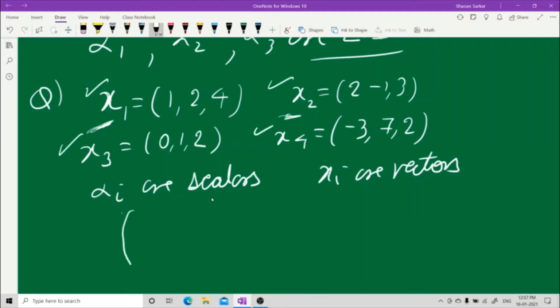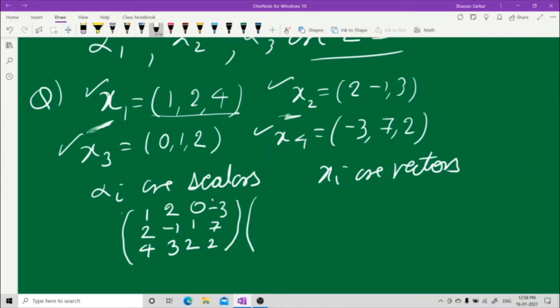Just write them in columns. This is in a row, isn't it? Write it in column: 1, 2, 4. Then you write 2, minus 1, 3. Then 0, 1, 2. Then minus 3, 7, 2. And then you write your scalars as alpha 1, alpha 2, alpha 3, and alpha 4.